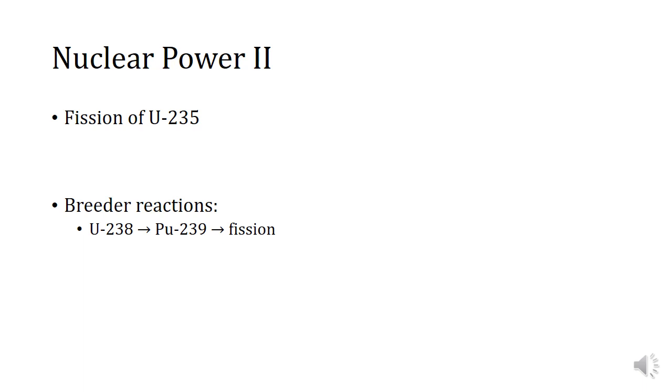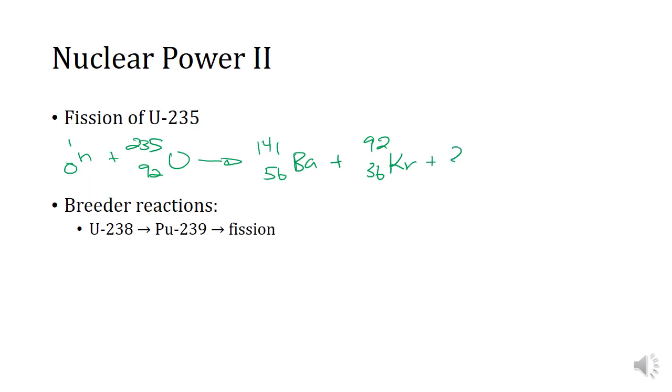So I showed you the reaction for 235 before, but let's just run through it again. So if I start with a neutron and I react it with uranium-235 (92), I can end up making barium-141 (56) plus krypton-92 (36), 3 neutrons and energy.